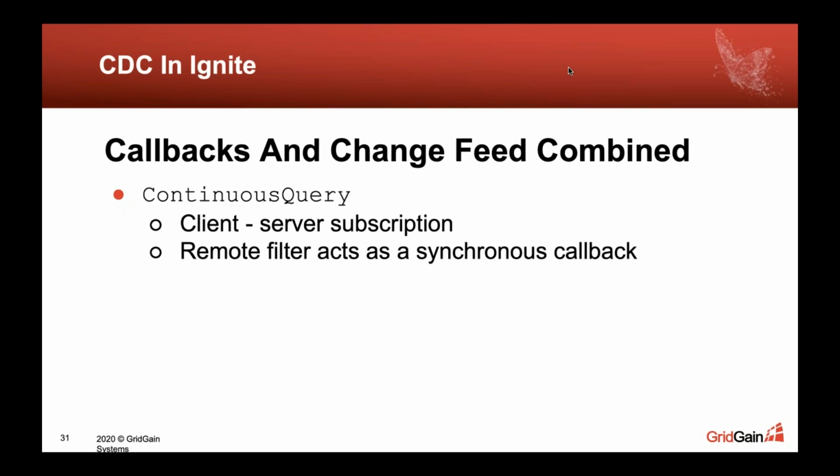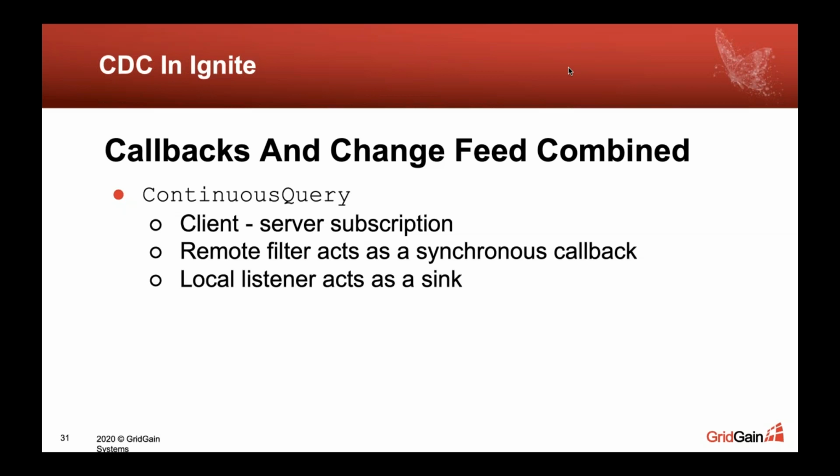Continuous query consists of two parts. The first part is called a remote filter, and the remote filter is installed on all data nodes, and it may filter out events that are not interesting for a client.